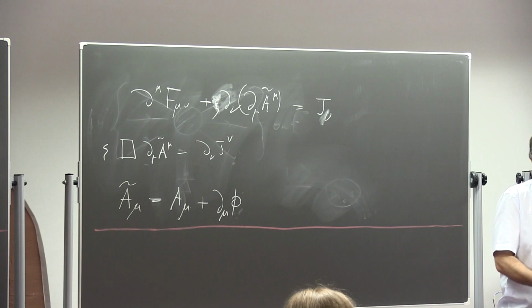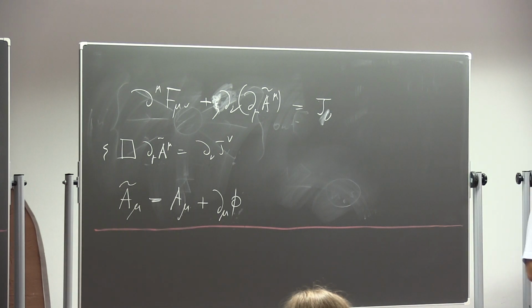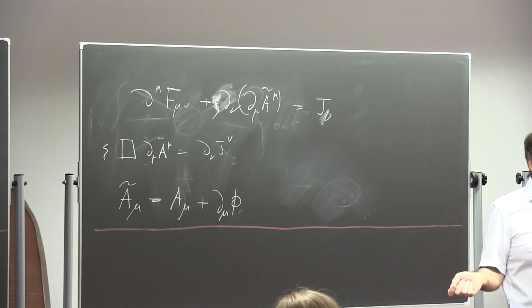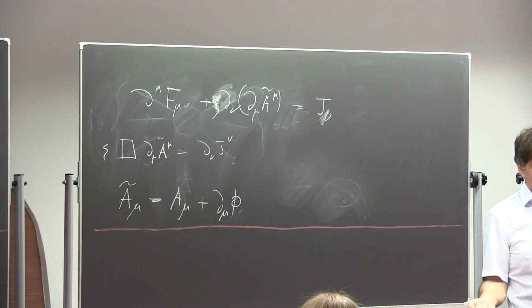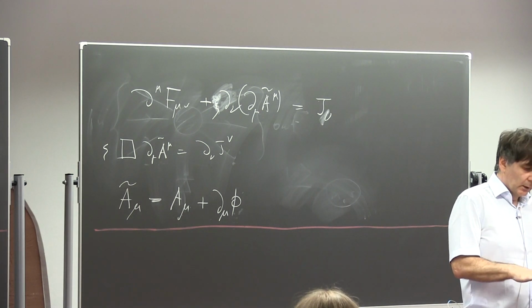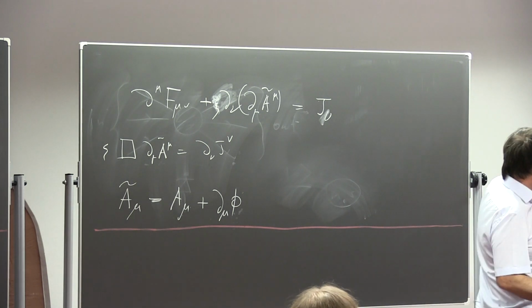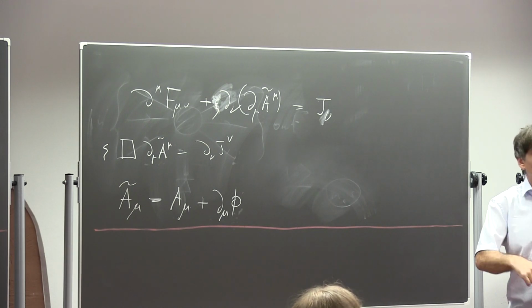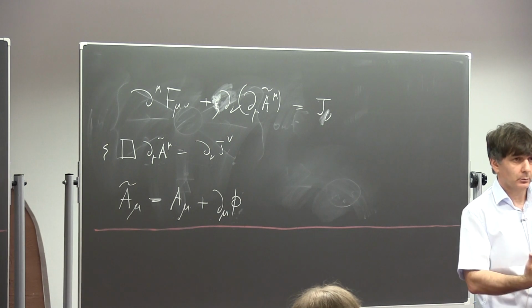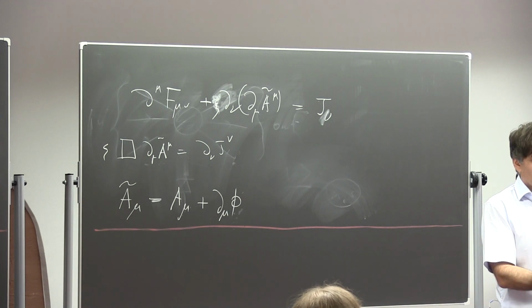Why? Because a theory which contains a particle which can have negative energy cannot even have a vacuum. Why? Because in normal Maxwell theory, the vacuum is stable. I cannot produce photons out of the vacuum by conservation of energy, because photons carry positive energy.